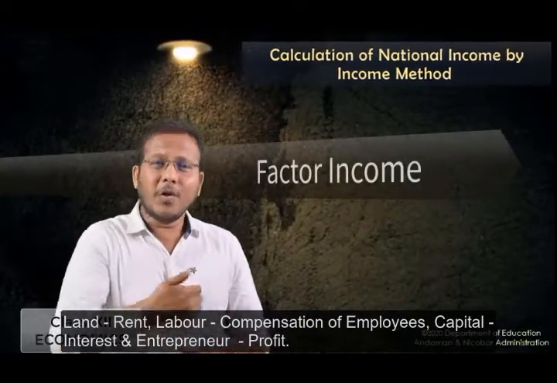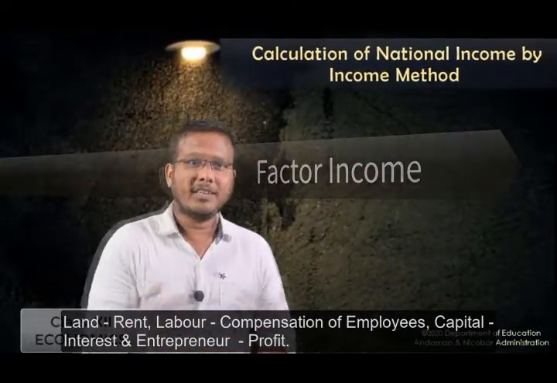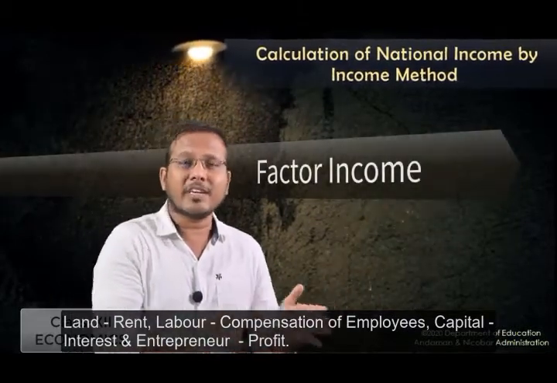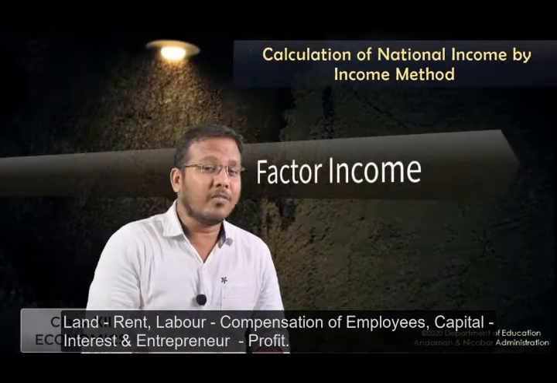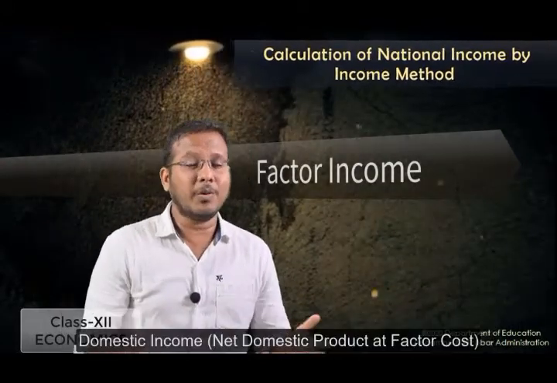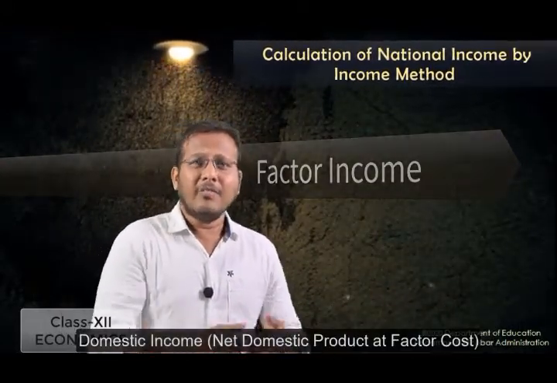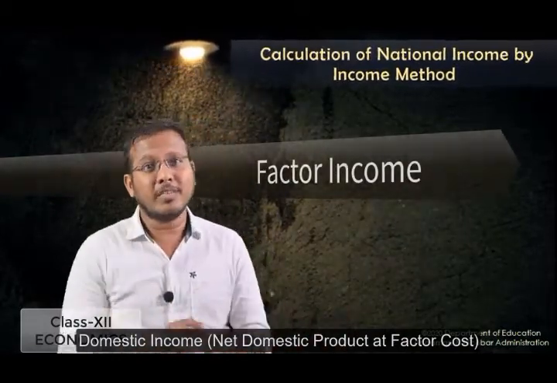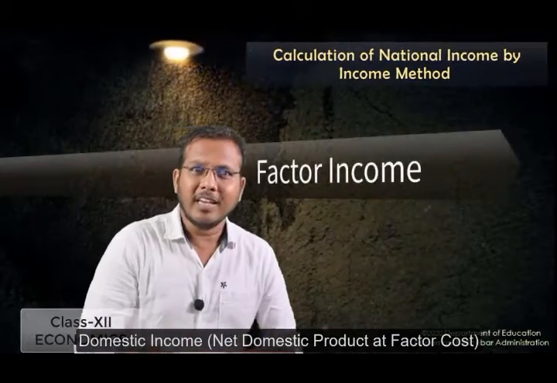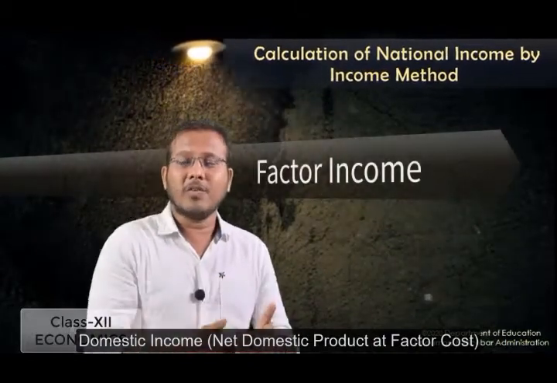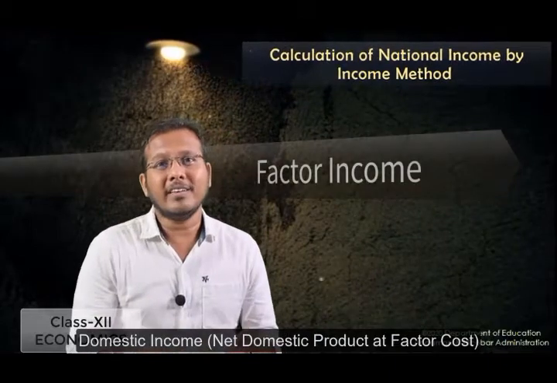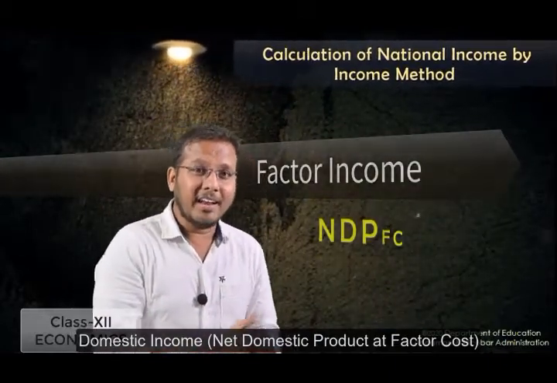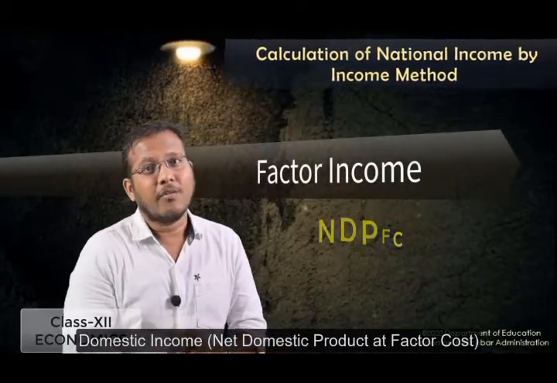When we add all these factor incomes together, which are paid to them during an accounting year in the domestic territory of a country, this gives the value of national income or the domestic income. Generally, the base value which we get from the summation of the factor incomes is called the NDP at factor cost, that is the net domestic product at factor cost.